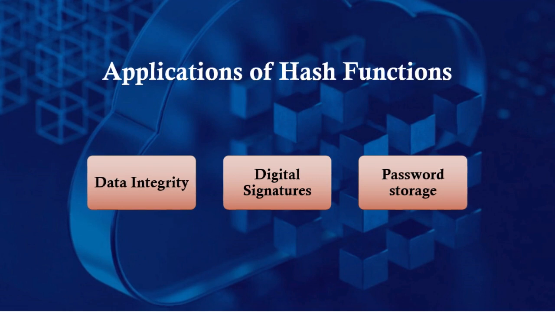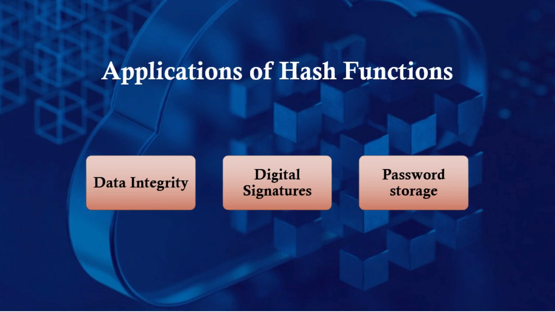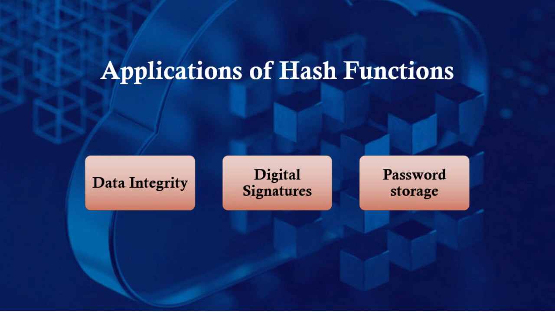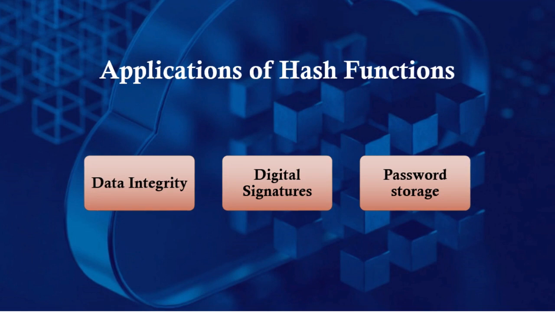Hash functions are used to store passwords securely by generating a hash of the password, which is stored instead of the actual password. When a user enters their password, it is hashed and compared with a stored hash to authenticate the user. Some commonly used hash functions include MD5, SHA1, SHA2, and SHA3.